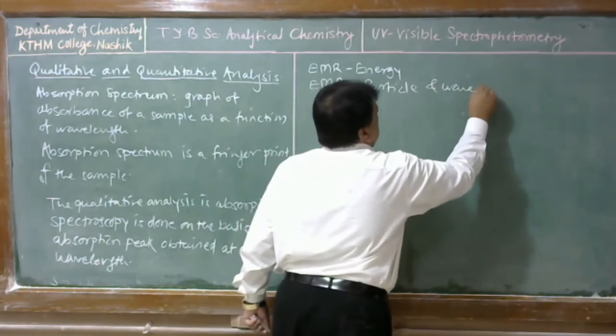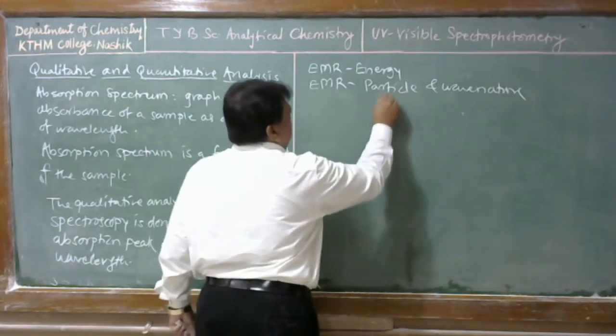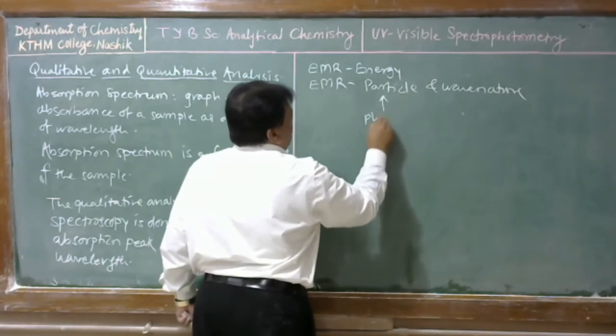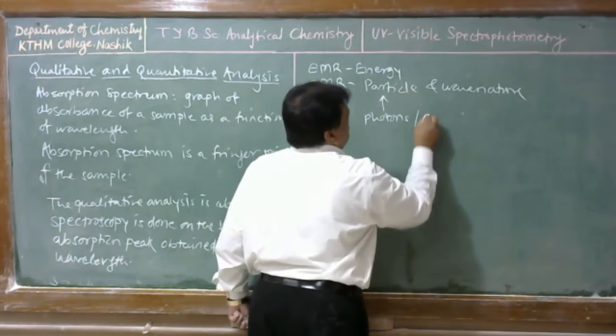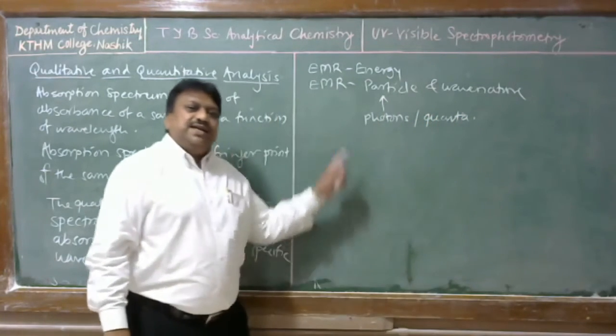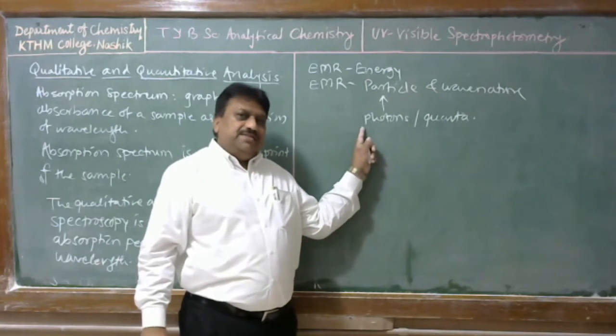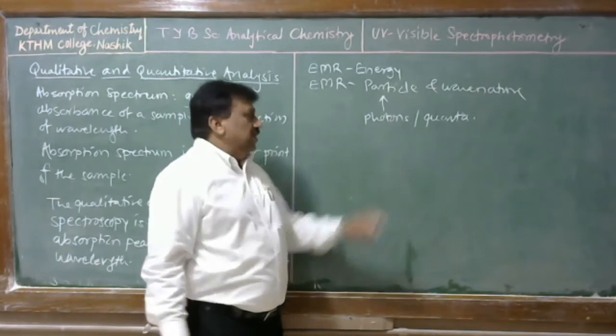The particles present in electromagnetic radiation are called photons, and sometimes they are also called quanta. When electromagnetic radiation interacts with a sample, the sample absorbs these photons.